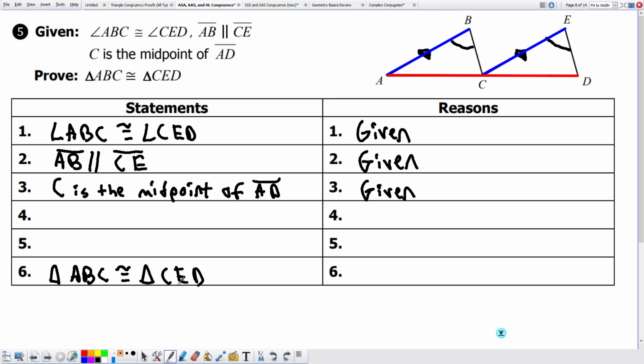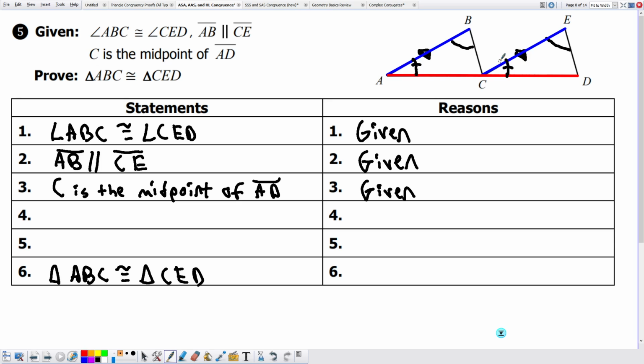Now, on here, I can note, for instance, that there's this angle here that touches the parallel line and the transversal, the blue and the red line. The angle on the other triangle that does that would be this one here. They touch the parallel line and the red transversal.